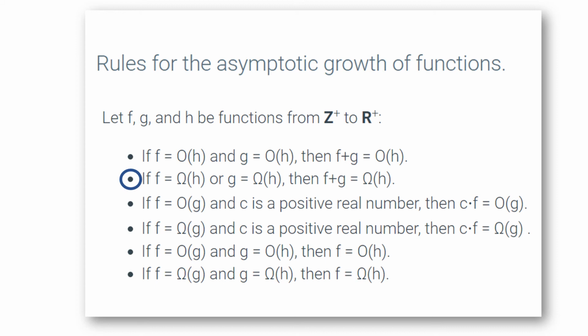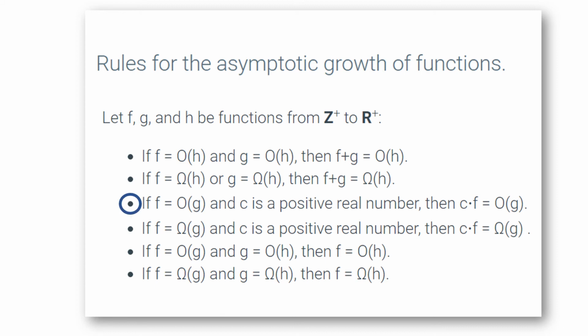We only need one of them satisfying omega of h, and if only one of them does, then the sum also is omega of h. We're going to be seeing examples coming up. I know all of this together might seem like a lot, but we're going to do some examples and look back at this list of rules and work with them for a little bit.